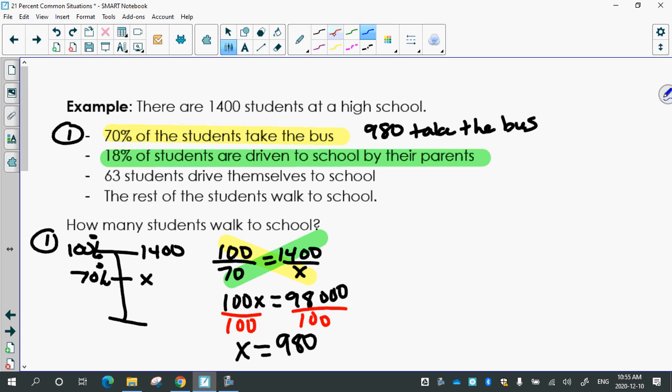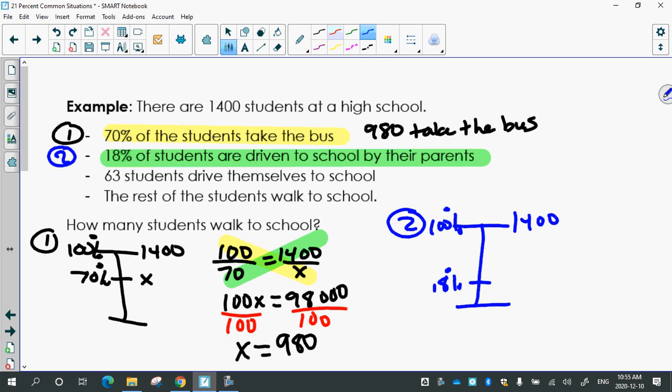So this is going to be our part 2. 18% are driven by their parents. So we've got 100%. 18 is pretty close to the bottom. There's 1,400 altogether. And we want to know how many of that then represents the 18%. So we do 100 over 18 equals 1,400 over x.